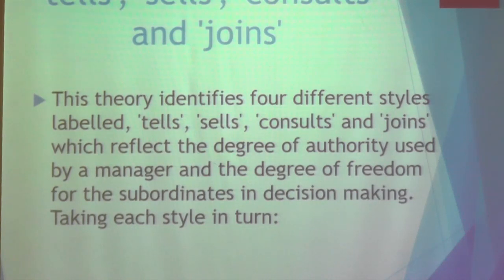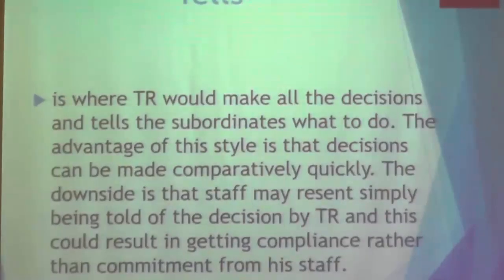This theory identifies four different styles labeled telling, selling, consulting, and joining. So tells, sells, consults, and joins, which reflect the degree of authority used by a manager and the degree of freedom given to the subordinates. Now, let's see how I have explained telling to TR.